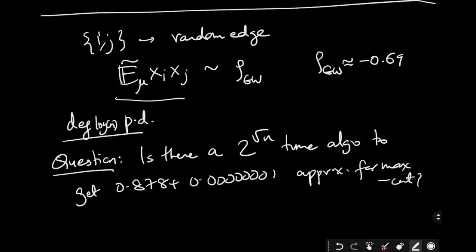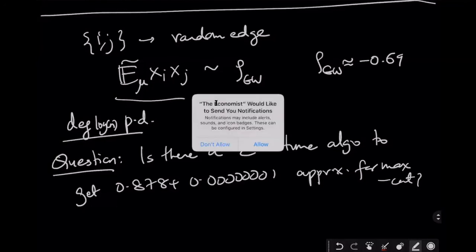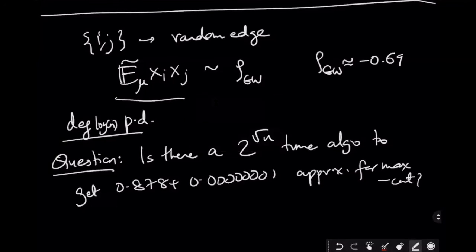I don't have a more insightful answer than, I don't know, and I think nobody knows. I see, but would this 2 to the square root n refute UGC? It's a good question. No, it won't. This is in fact possible even if the UGC is true.